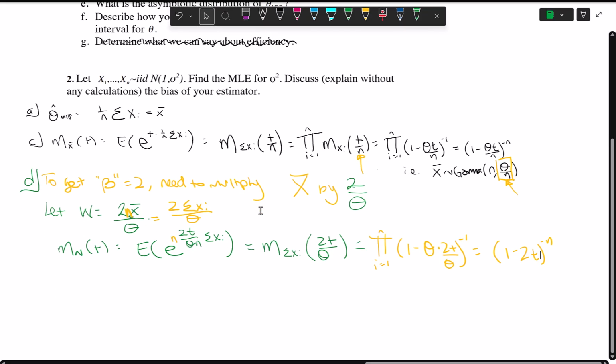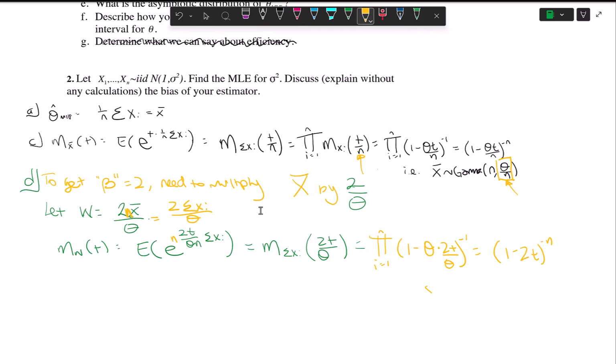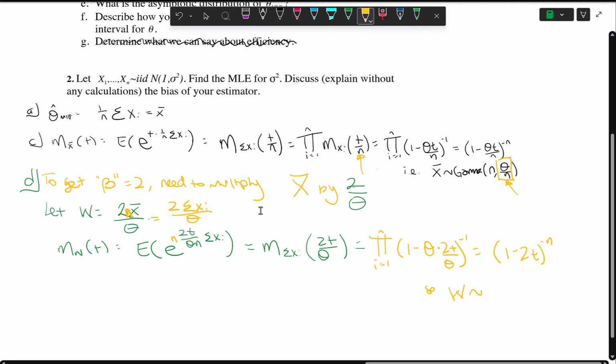And so our quantity W is chi-squared with 2n degrees of freedom. So then, if that's the case, we can use a pivot method. It's based on the MLE.